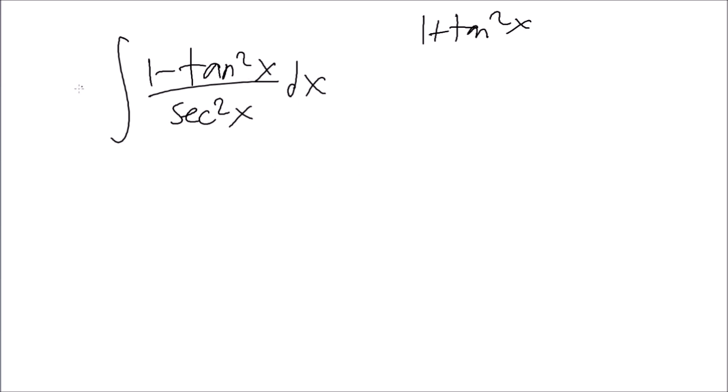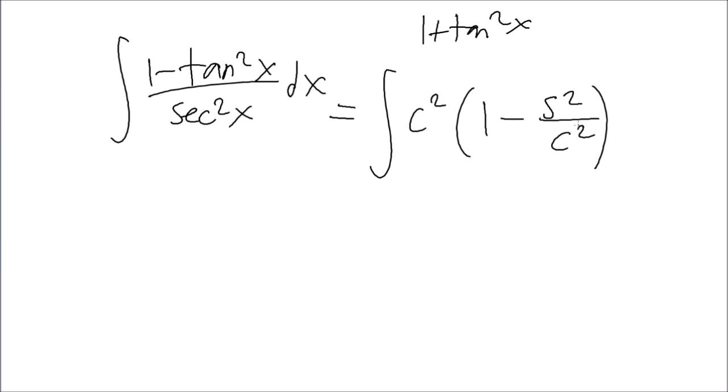All right, so this looks bizarre. When something looks bizarre, you turn it in terms of sines and cosines. Secant square is at the bottom, so this simplifies to cosine square. And then we have 1 minus sine square over cosine square, because that's what tangent square equals. And then we simplify it, right?